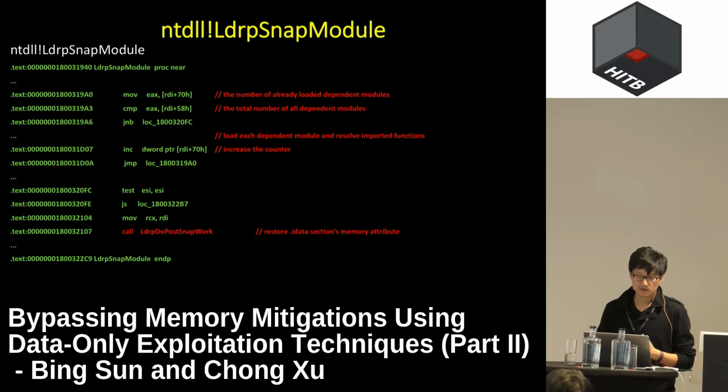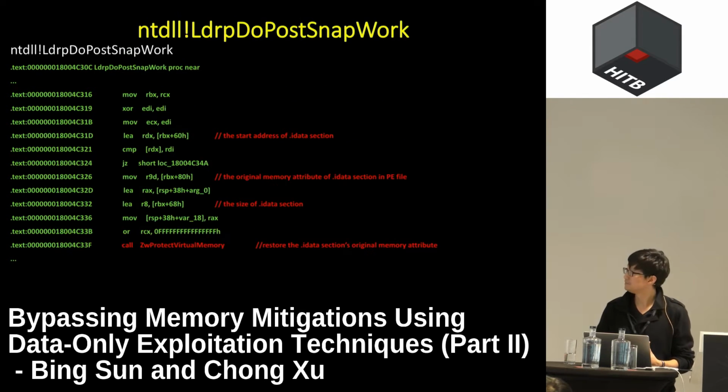We mentioned snapping as one of the most important works supported by this mechanism. And LdrpSnapModule processes the work of snapping. Snapping means loading the dependent module and resolving the imported functions. At the end of this function, as you can see, it calls an external function, DoPostSnapWork, to restore the IData section memory attribute.